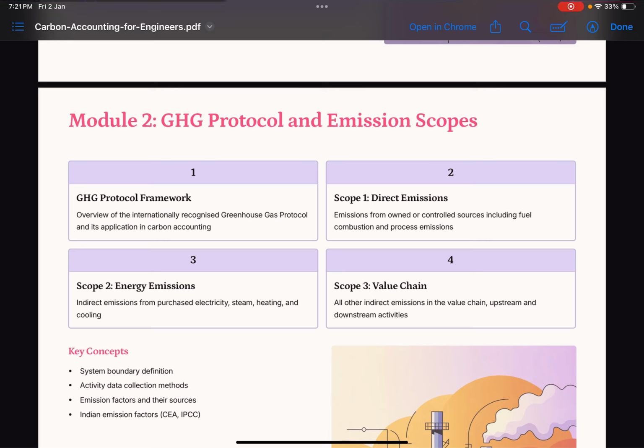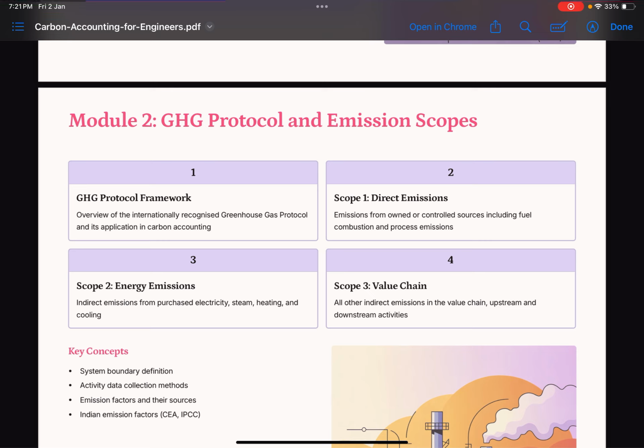Scope 2 emissions would include the emissions arising outside the industry but attributed to the industry because the industry actually uses electricity, which has some carbon footprint.